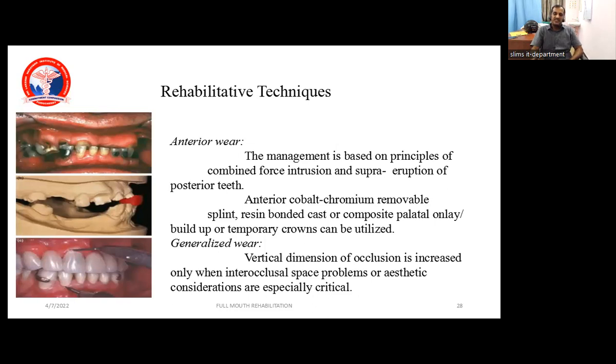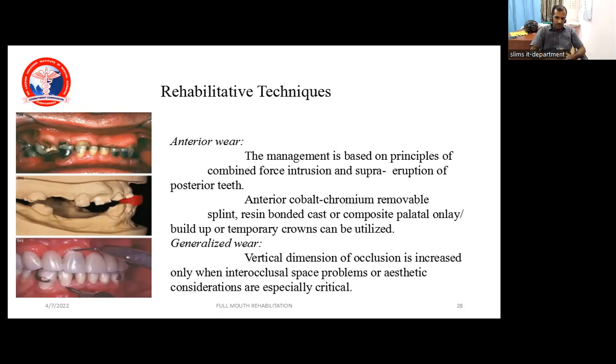In those cases, if you want a replacement before going for any rehabilitation, your management should be intrusion of your upper anteriors and supraeruption of your posterior teeth, and that should be the prime area of correction.